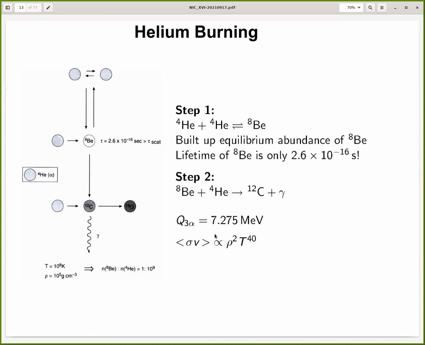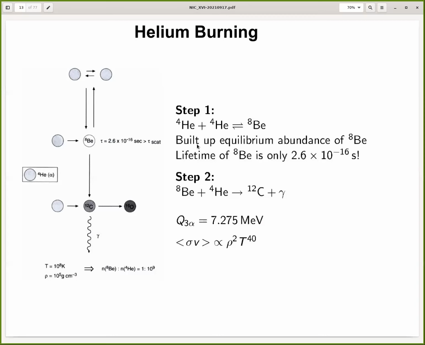And the energy release there is of the order of 7 MeV in total. So you have 12 nucleons involved, you make 7 MeV in total, so you get of the order of 0.6 MeV per nucleon. And that is compared to hydrogen burning. Maybe if you recall, we had something like up to 26 mega electron volts for 4 particles.